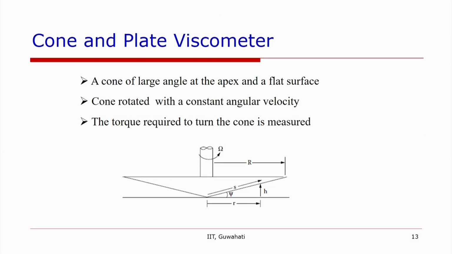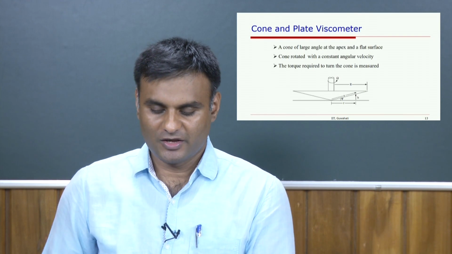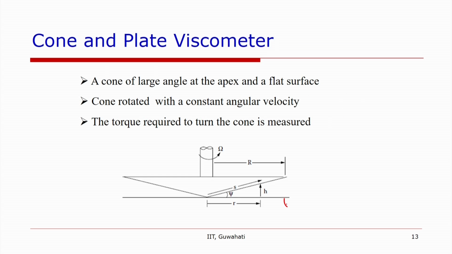So another and the third important viscometer is the cone and plate viscometer, in which there is a flat plate and over which a cone which has a very large apex angle, and this angle psi is very small, sometimes as low as 1 degree.